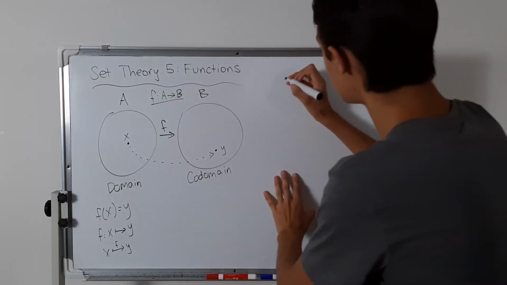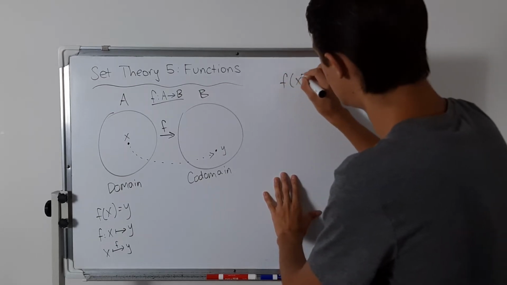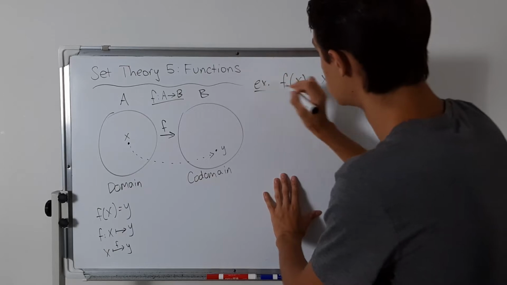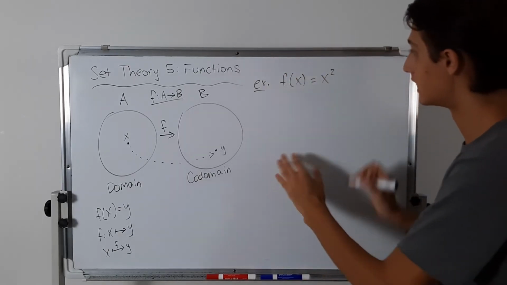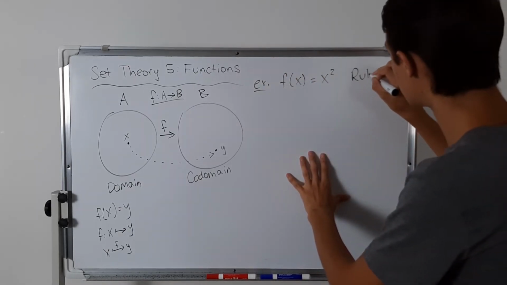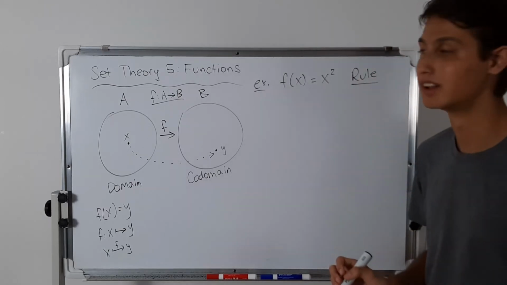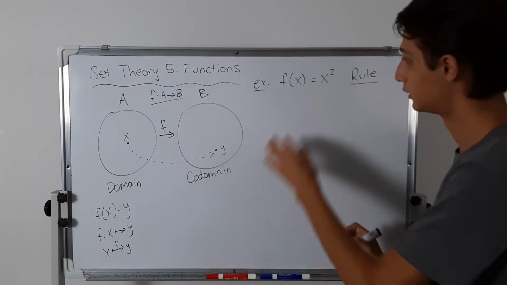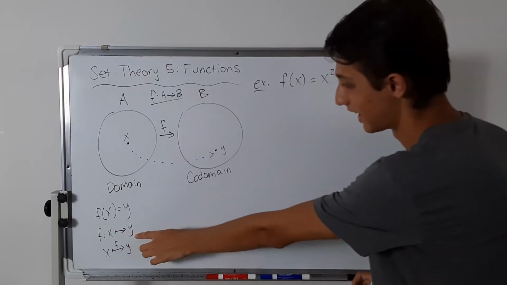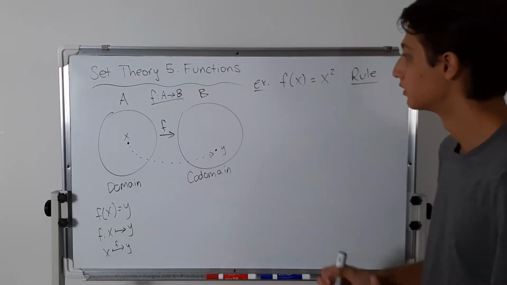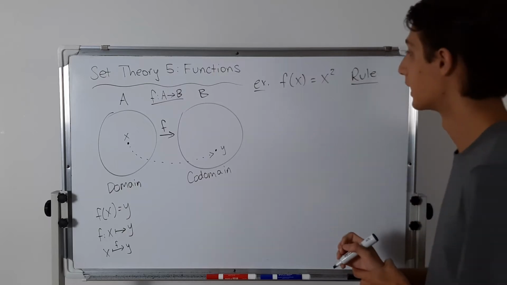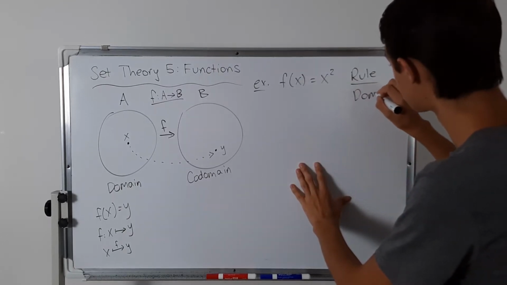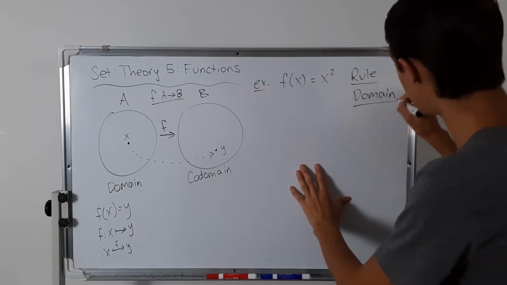For example, if we have something like f of x equals x squared, then this is only one part of the function called the rule. This x squared part, that's the rule, okay? And again, you can write this as f takes x to x squared, but that's called the rule, okay? The other two parts you need are the domain, and the codomain.